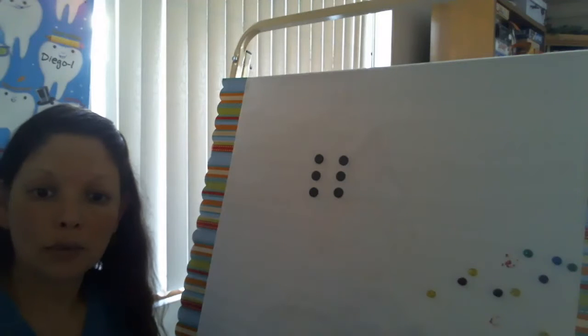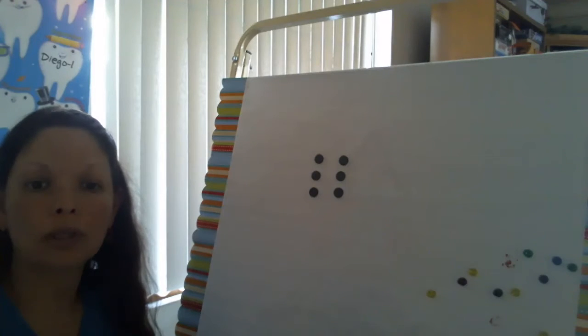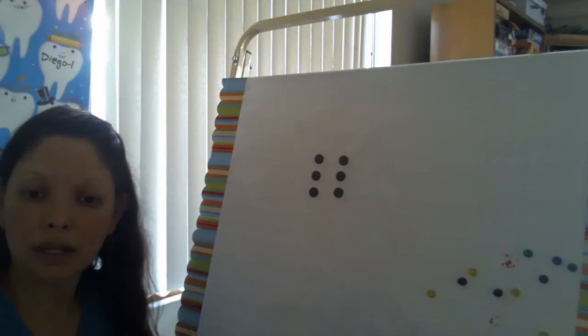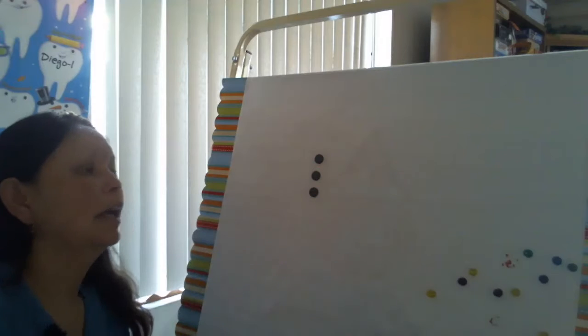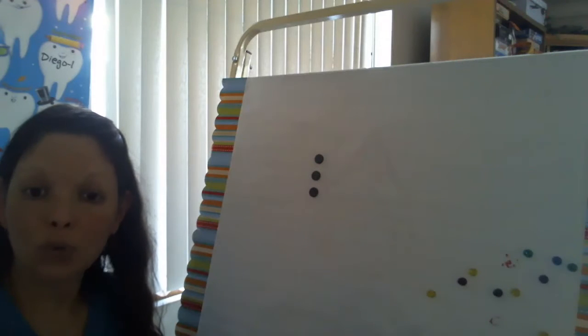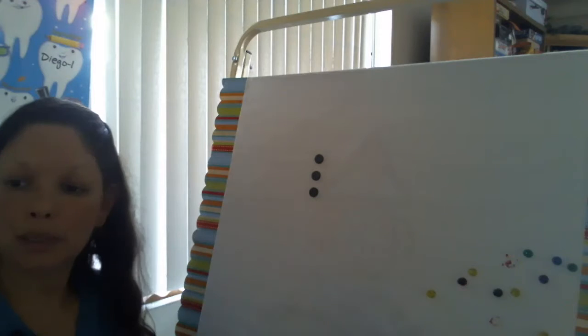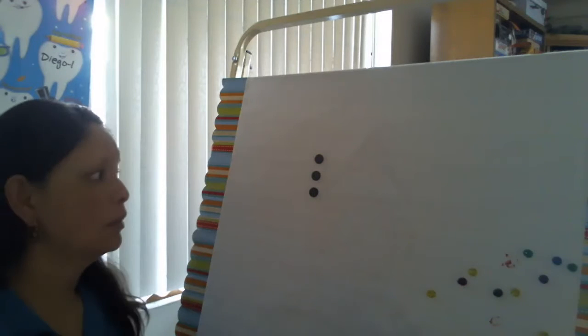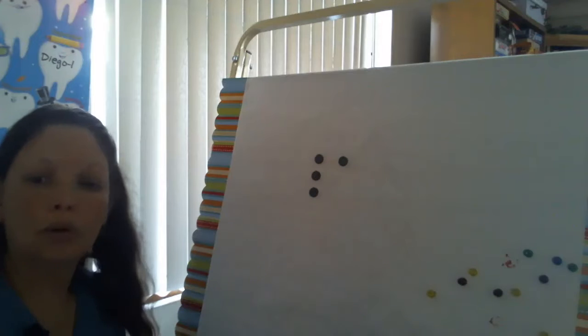But today, we're not only talking about equal numbers, but we're talking about greater than and less than. So if I have 3 and I want to have a greater than group, how many could that be? Could it be 1? Is 1 more than 3?